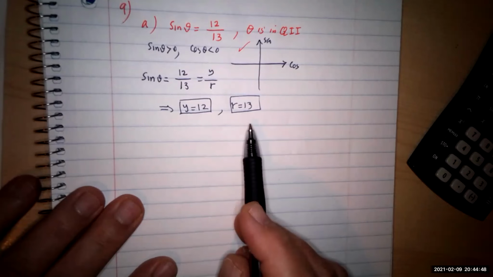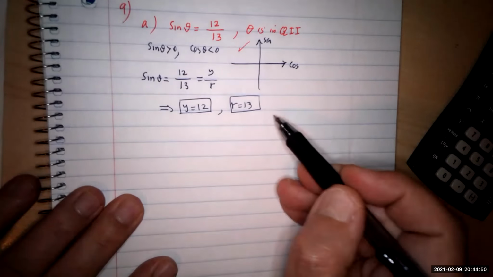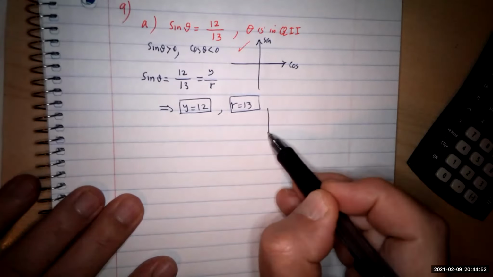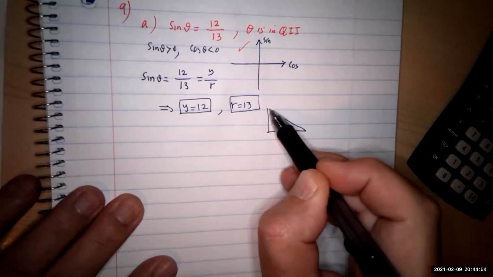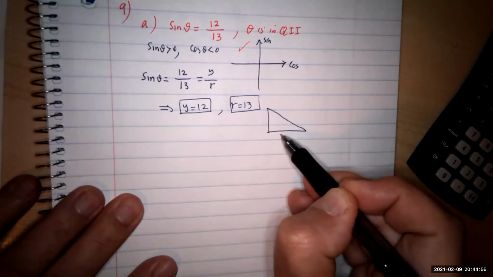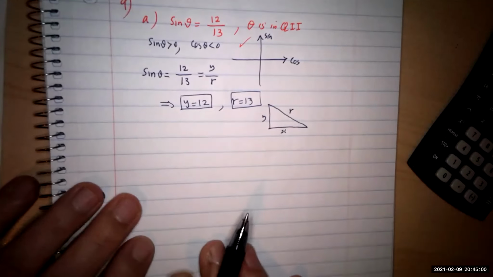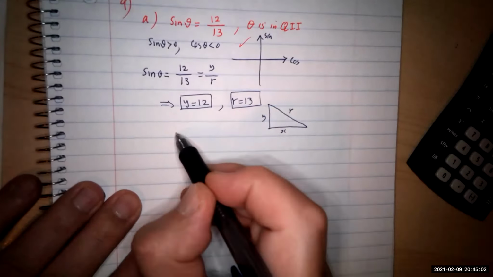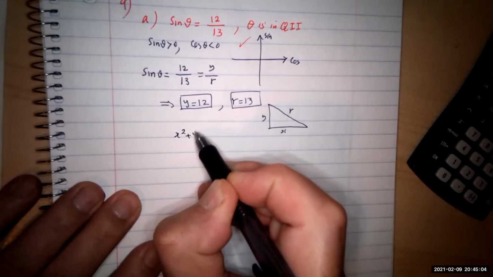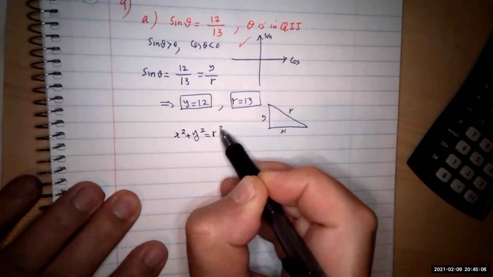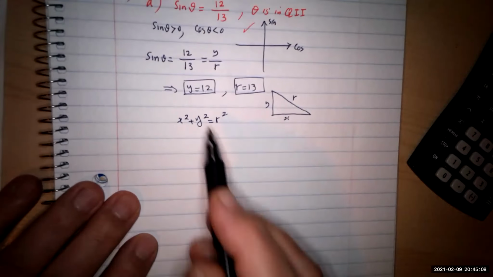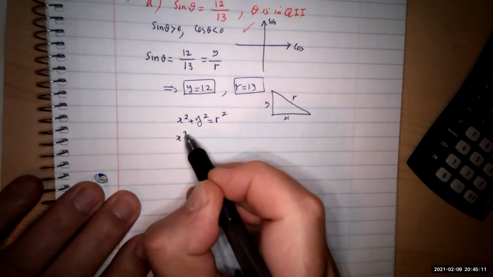Yes, r squared, that's correct. So the formula is x squared plus y squared equal to r squared. So x squared is the missing one.